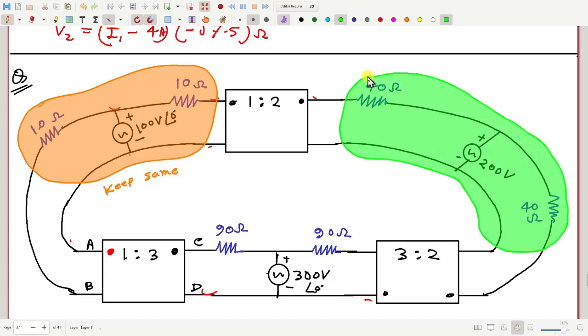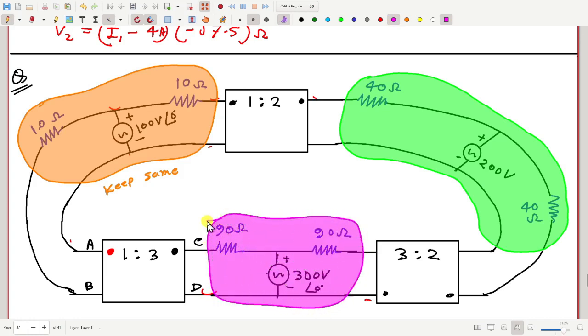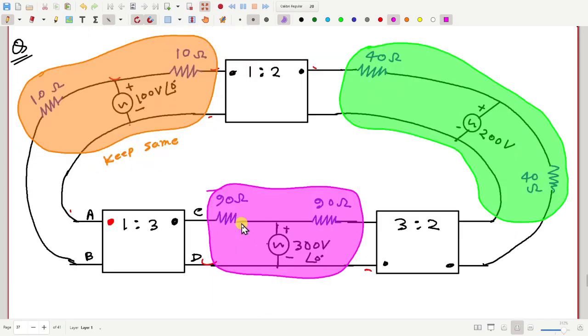We want to change the voltages, currents and impedances by some factors so that we can connect this directly to the orange one, and then say this one, change it so that we can connect them together. So what can we do?